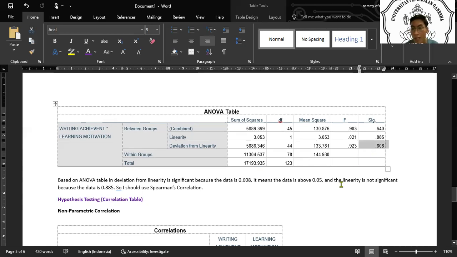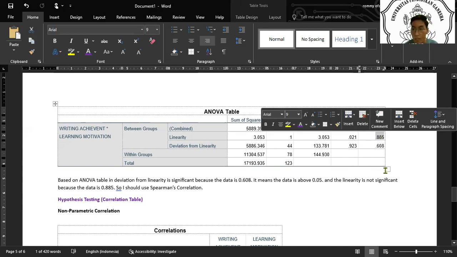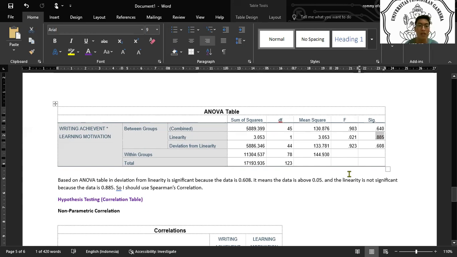It means the data is above 0.05, and the linearity is not significant because the data is 0.885. So I should use a Spearman correlation.